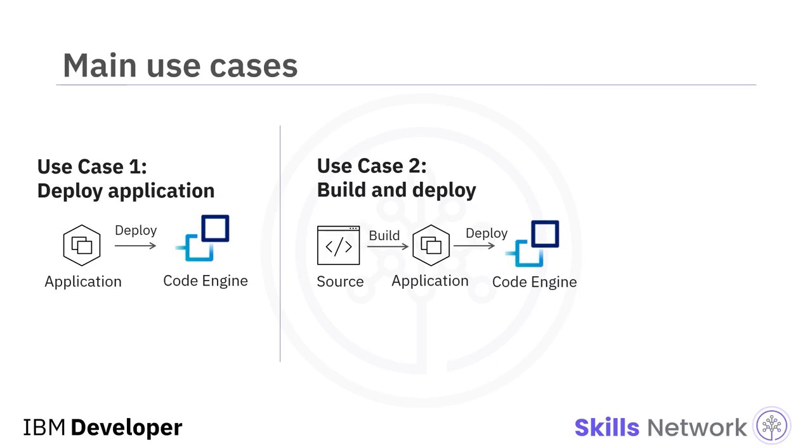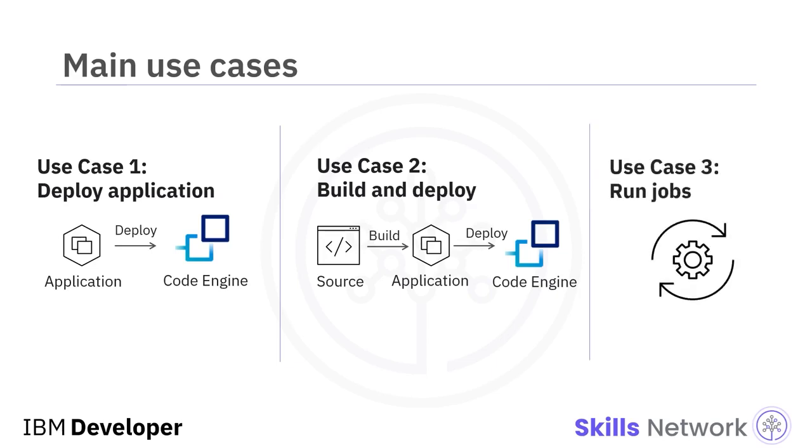The Code Engine can build your application from source code, either from a remote repository like a GitHub repo or your local workspace. The built application can then be automatically deployed without worrying about the building process, which is convenient and time-saving. And the third use case is creating and running batch jobs, like a data processing or analytics task.